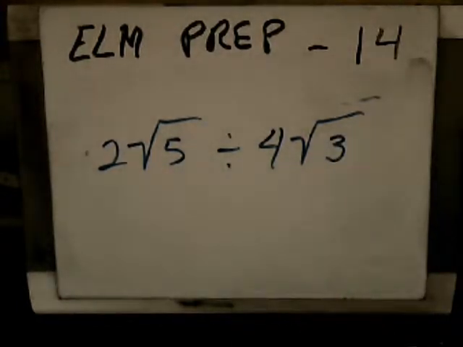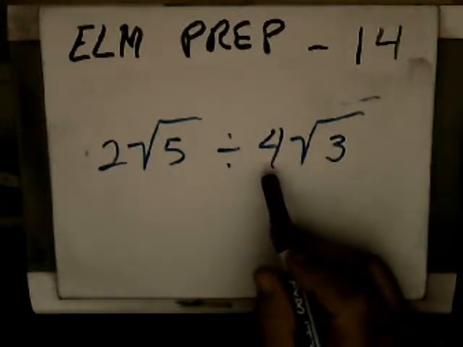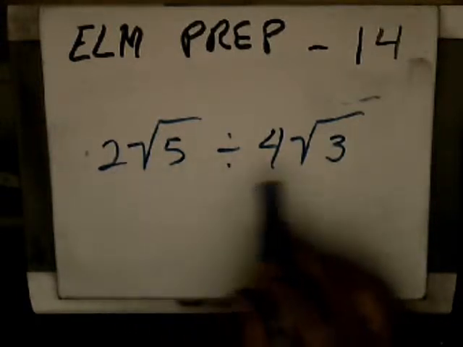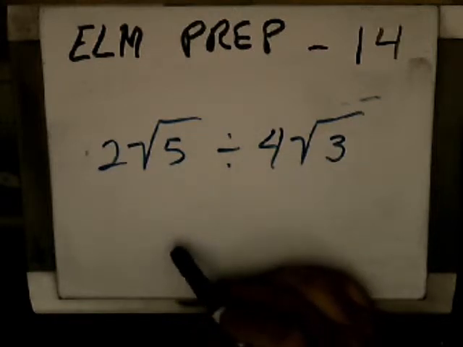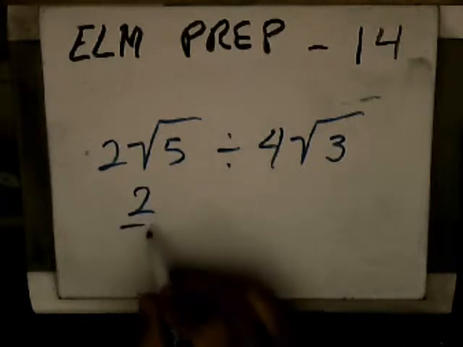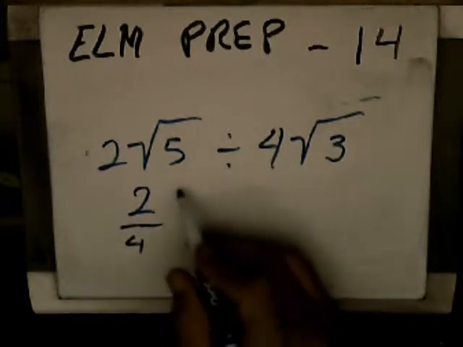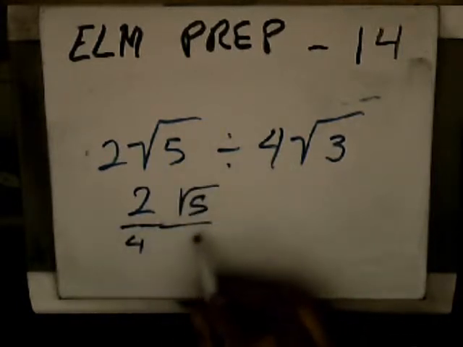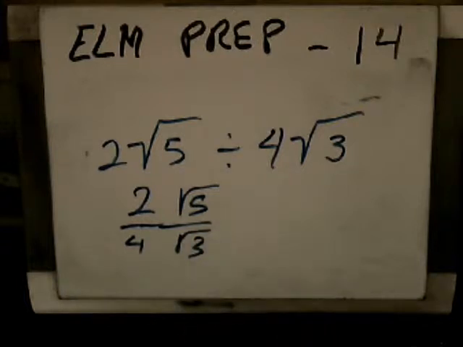Well, in multiply and divide, the radicals must be the same, so we check that, and they are. Well, just like in multiply, outside divides into outside, inside divides into inside. So 2 divided by 4 times radical 5 divided by radical 3.